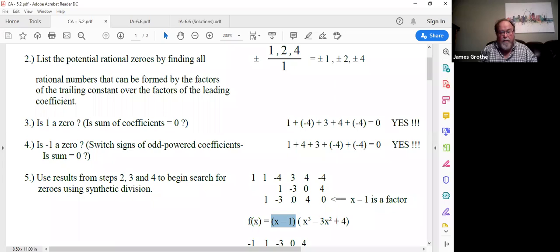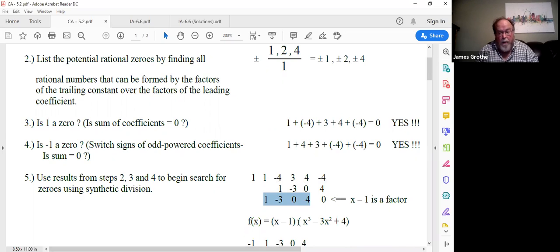You'll notice there's no x to the first. And then we have a +4. So that's x cubed minus 3x squared plus 4. We've begun by finding one zero, and now we've started the factoring process.